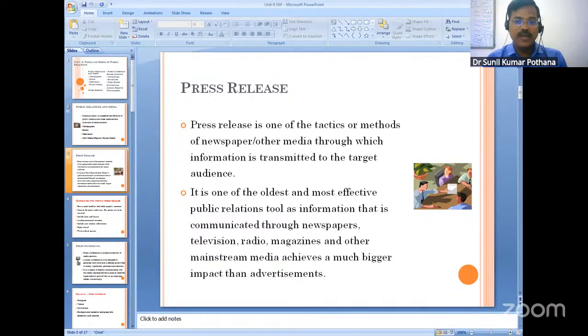Nowadays we have many social media platforms, handles like X, formerly Twitter, and Facebook, and WhatsApp, along with mainstream media. So in the form of a press release, it gives more impact than advertisement.